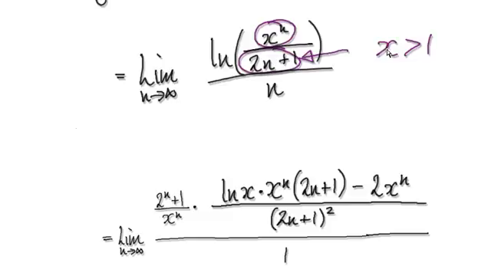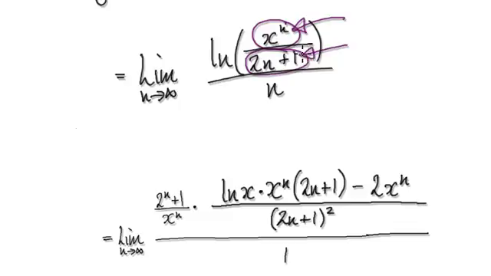So the point here is that if x is greater than 1, this thing here will be bigger than this thing here. This thing here will grow and overtake this thing here, meaning that this bit here will head towards infinity as n goes to infinity.